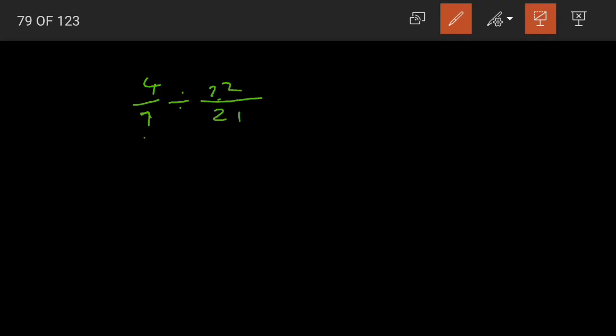Again the same rule is applied here. The first fraction as it is, and division changes into multiplication. For the second fraction we write the reciprocal. 22 by 21 becomes 21 by 22. The reciprocal. Yes?